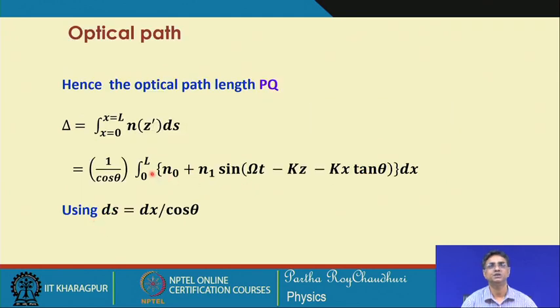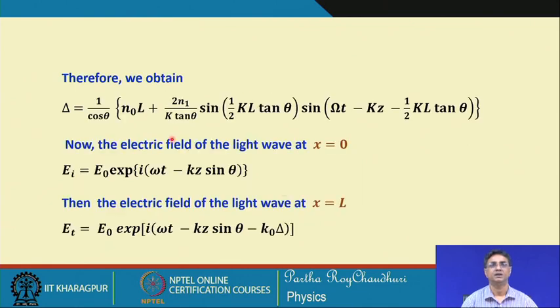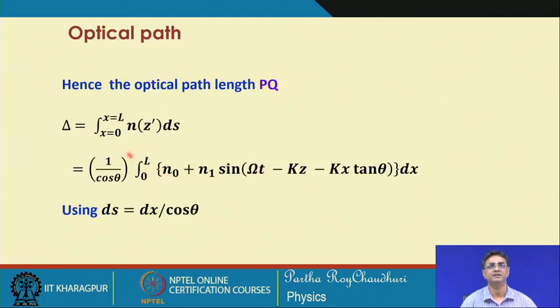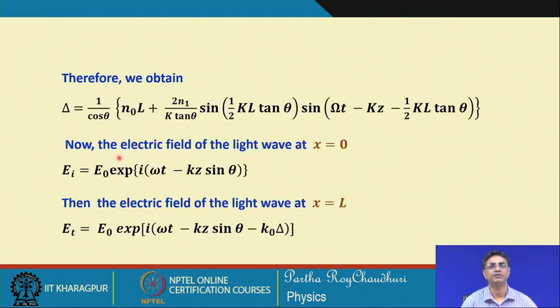So x is the variable, cosine theta has come out, in place of ds I have used this. I get this delta value, that is the change in n L, not exactly phase; you have to multiply by k0 also to get the phase change.